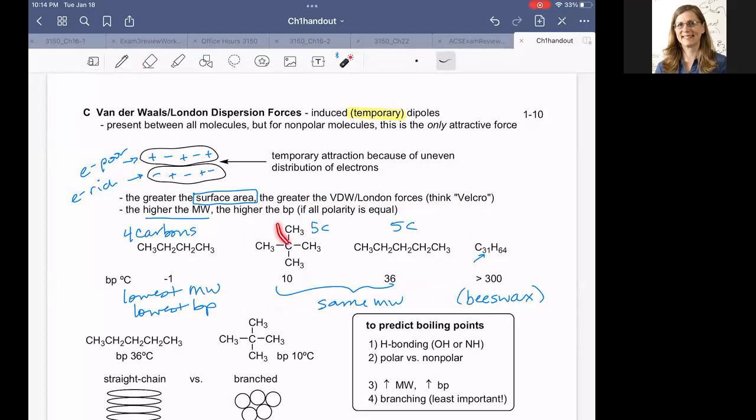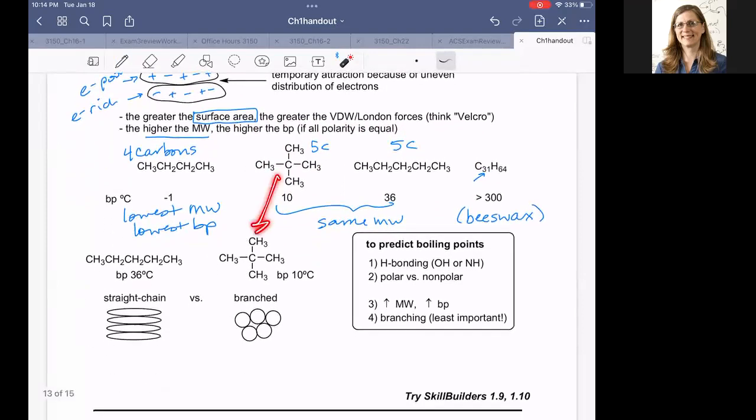Notice that this one is really branched, and so it's more spherical. If we look at these 2 compounds, this one has a shape that's more spherical, and this one has a shape that's more linear. So you can think of this as linear versus spherical. And what effect does that have on the surface area?